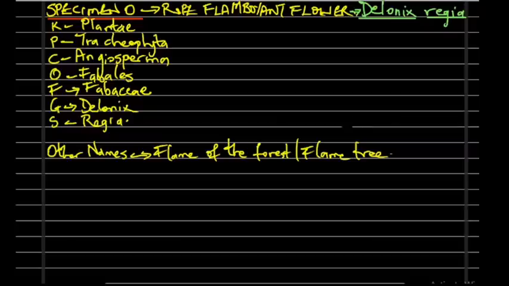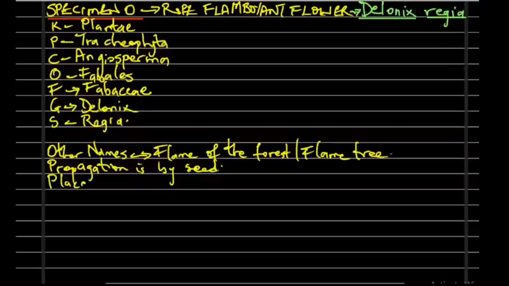Now, it is propagated by seed. It has its own seed, so it is propagated by seed. And its placentation is marginal, like in the case of the bean seed that is found in pods. Yes, that is what the placentation of that particular crop looks like.